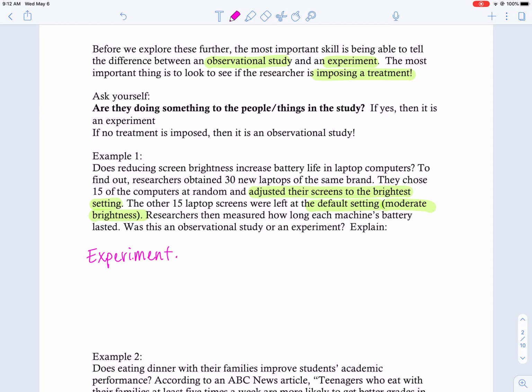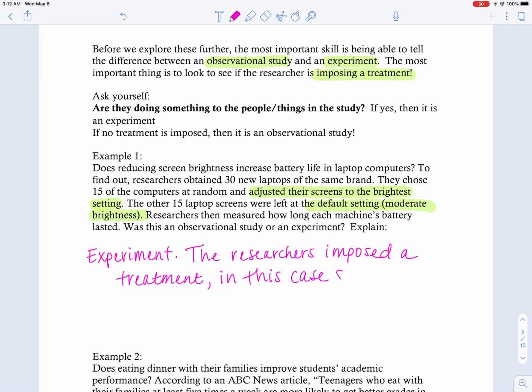I would say the researchers imposed a treatment, in this case, screen brightness.